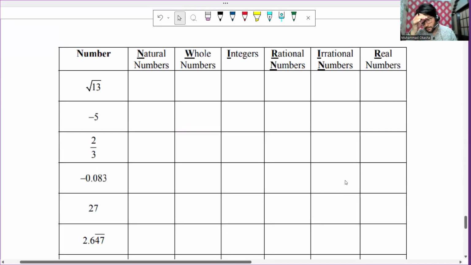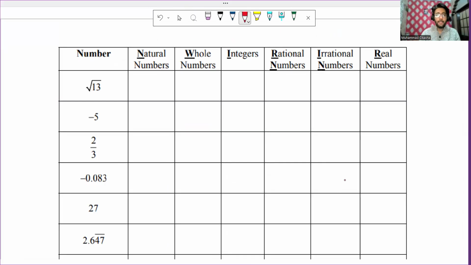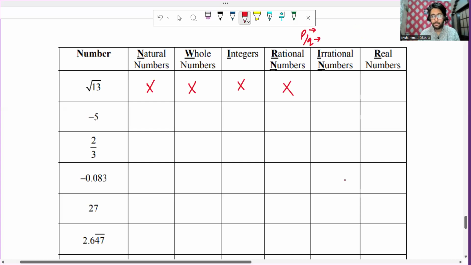Okay, so let's classify a few numbers and let's check box or mark. Let's check our boxes. Square root 13, not a natural number, not a whole number, not an integer, not a rational number. The reason that it's not a rational number is because it cannot be written as P over Q, such that P and Q are both integers. You might argue, okay, I can write it as square root 13 over 1. Would it be a rational number now?